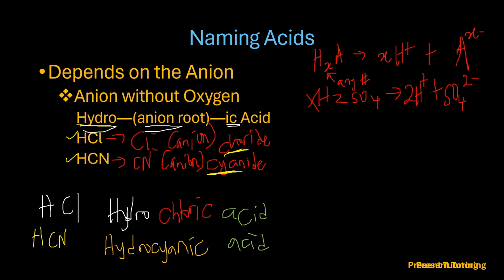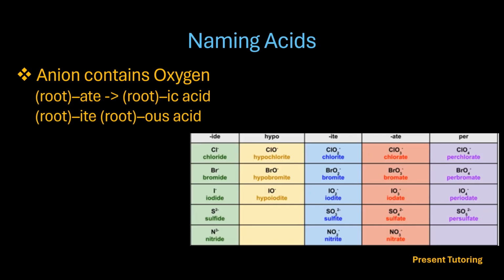Now let's talk about anions that do contain an oxygen for naming of the acids. I have a little reference table. This is by no means an exhaustive list of all the anions in existence that contain oxygen. There's a lot more; for example, we don't even see oxalates. So this is just for practice.